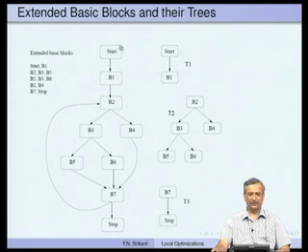Here is a control flow graph. Start, B1, B2, B3, B5, B7; this side is B6, B7; this side is B4, B7, and then stop. So, the extended basic blocks are start and B1. Then when you go to B2, it has two predecessors, it does not have a unique predecessor.